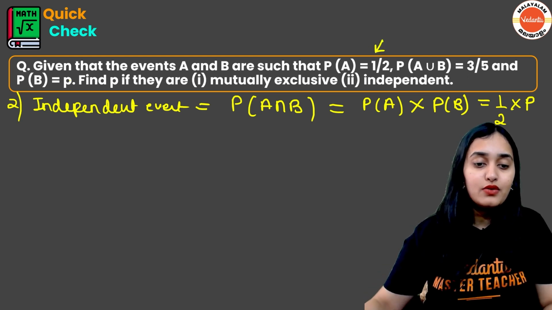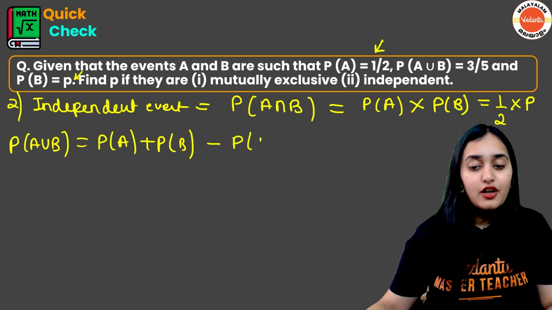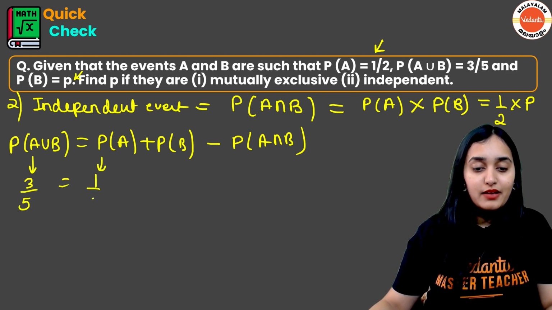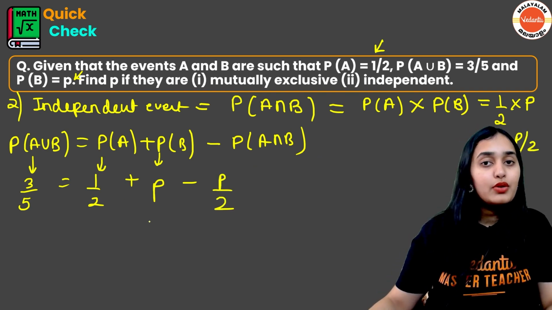A is 1 by 2, B is P. Now let's calculate A union B, which is probability of A plus probability of B minus probability of A intersection B. A union B is 3 by 5, probability of A is 1 by 2, probability of B is P, and A intersection B is P by 2, right? We calculated P by 2 here, putting it here.